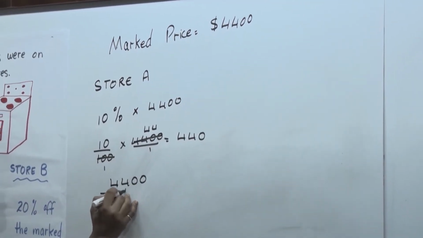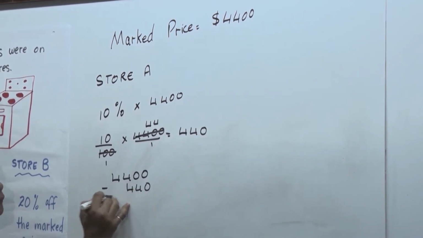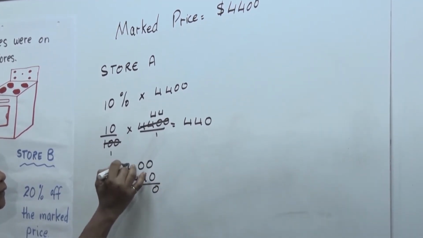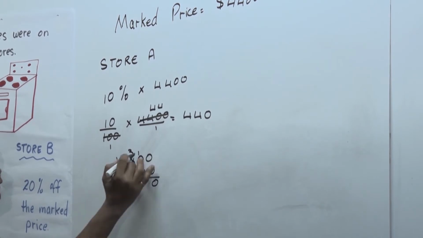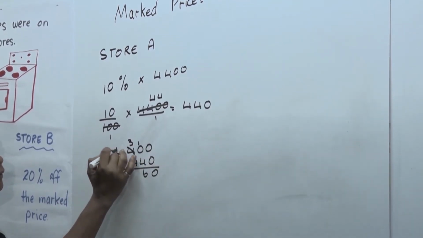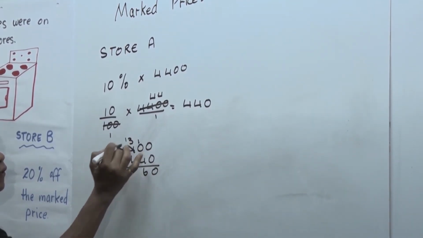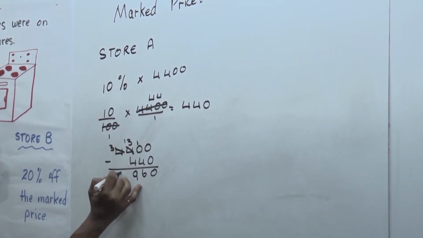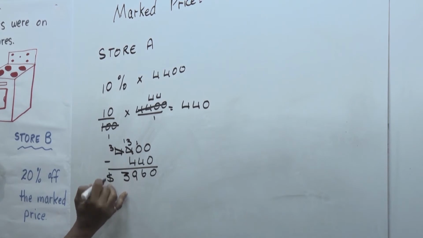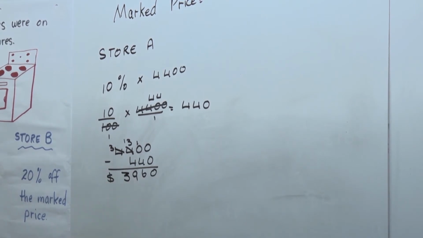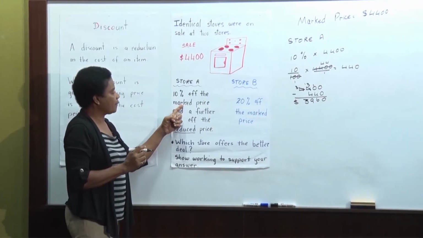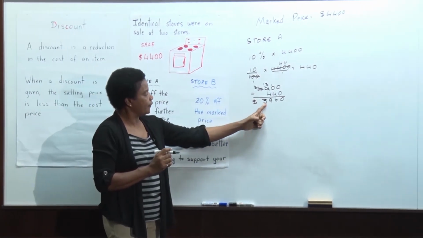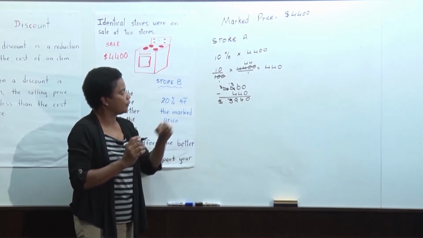So when we subtract 440, 0 take 0 here. 10 take 4 is 6. 3 cannot take 4, so we're taking 1 from the 1,000 column. 13 take 4 is 9. So when we take 10% off the marked price, it comes up to $3,960.